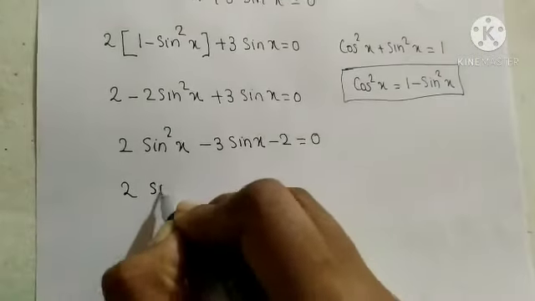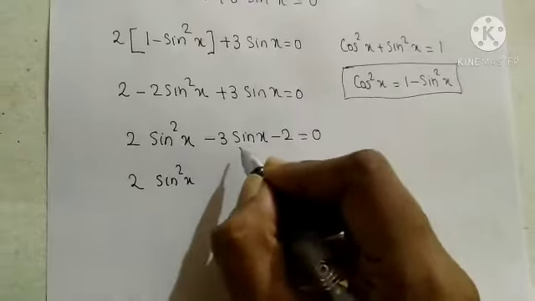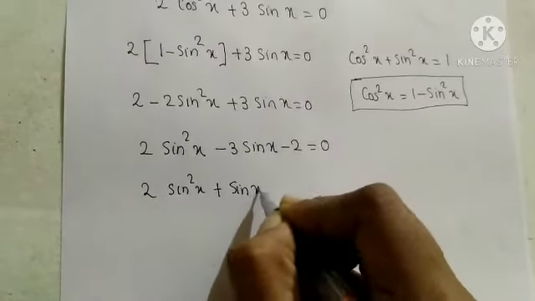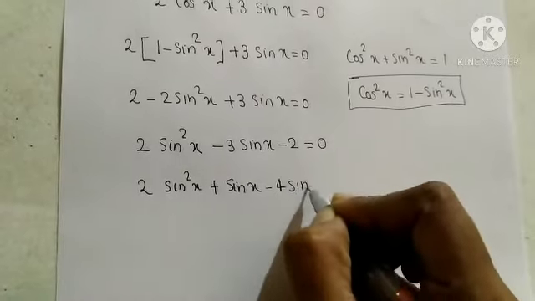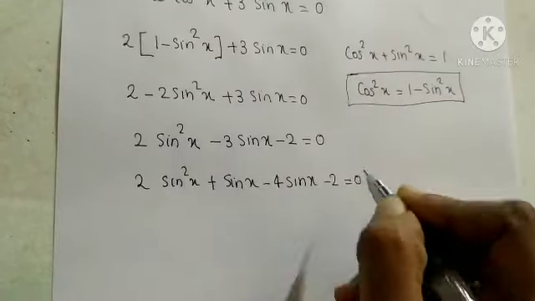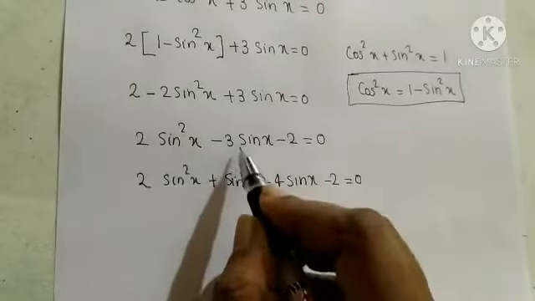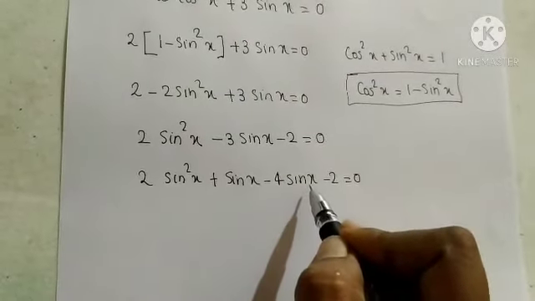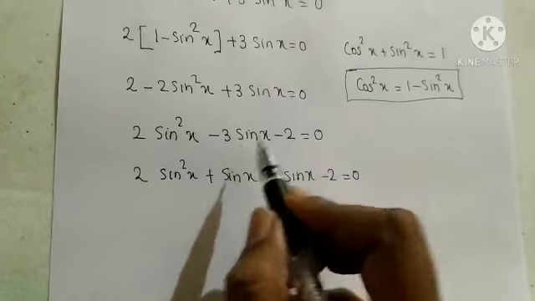Next, I am going to convert this minus 3 sin x into plus sin x minus 4 sin x. Remaining terms remain the same. So sin x minus 4 sin x is equivalent to minus 3 sin x.